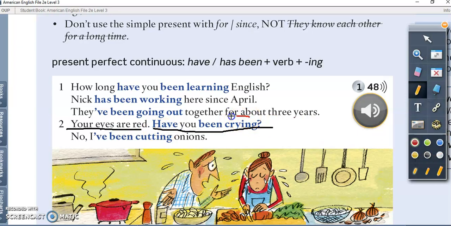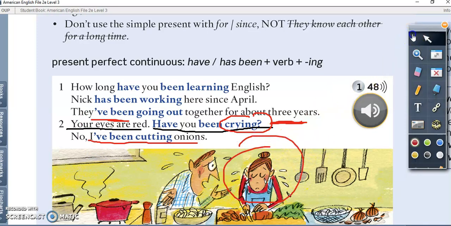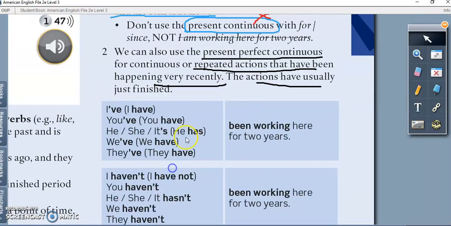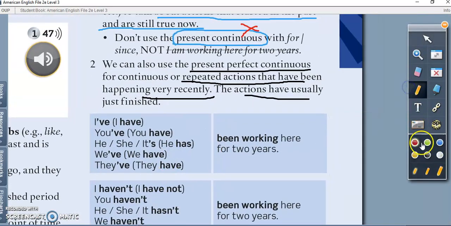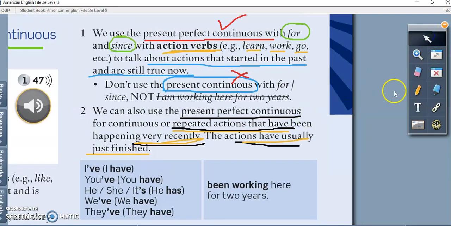So this action of crying just recently finished because your eyes are still red. Say, no, I've been cutting onions. These are repeated actions that have been happening very recently. The actions have usually just finished. That's when we're also going to use the present perfect continuous.